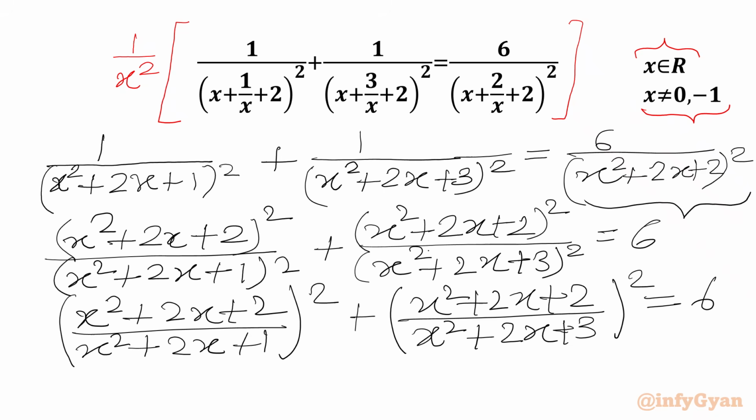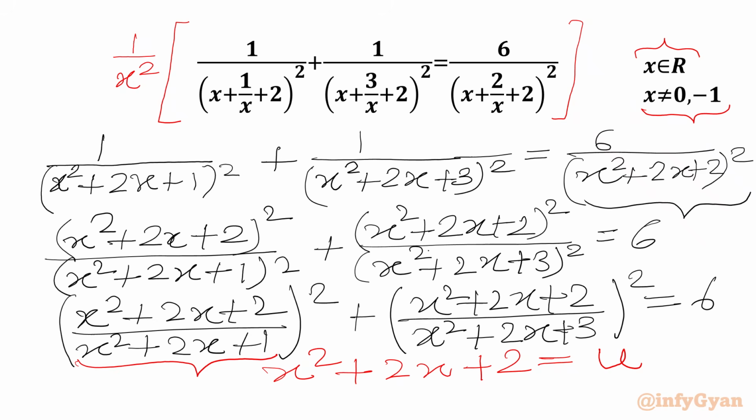Now we are going to use substitution. Let us consider x square plus 2x plus 2, which is in the numerator. Suppose this is equal to u. So denominators will be u minus 1 and u plus 1.